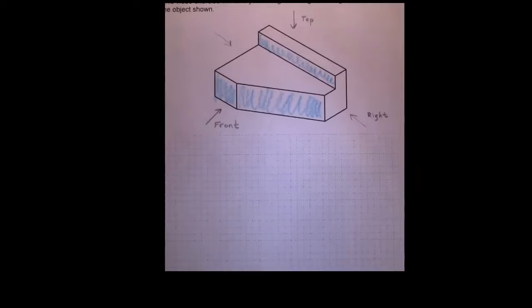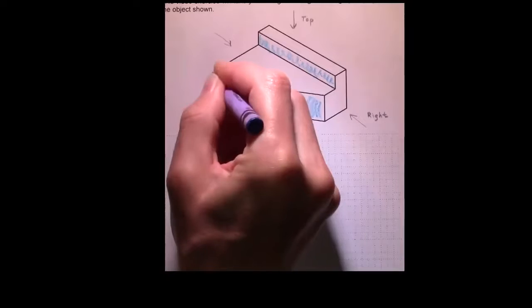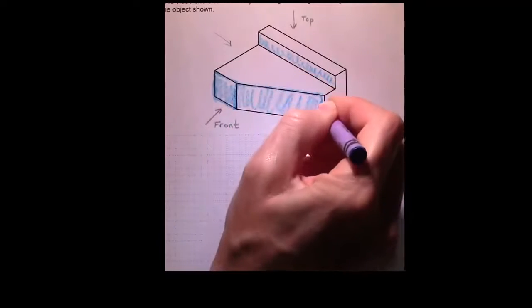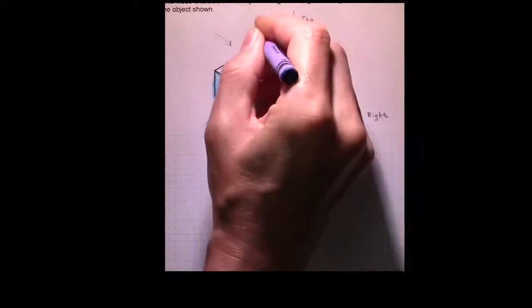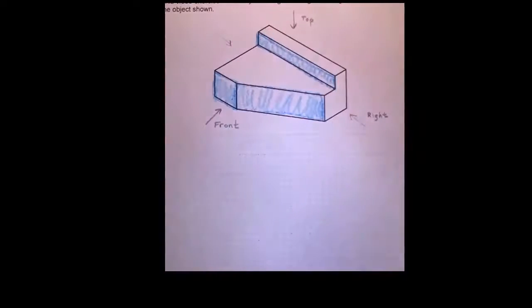So let's go ahead and draw that. So when we draw it, we're going to see these shapes, right? So that's what we should see in the front view.